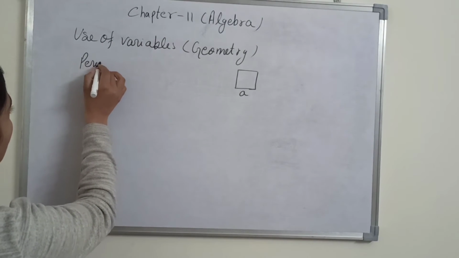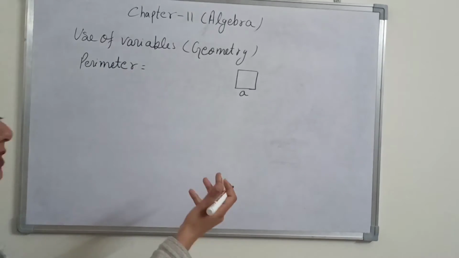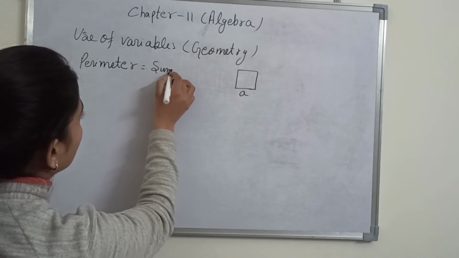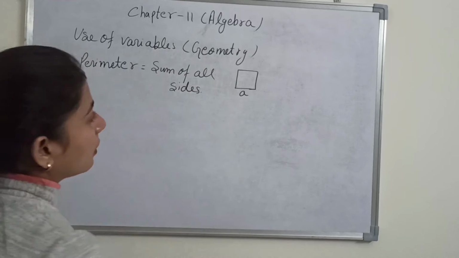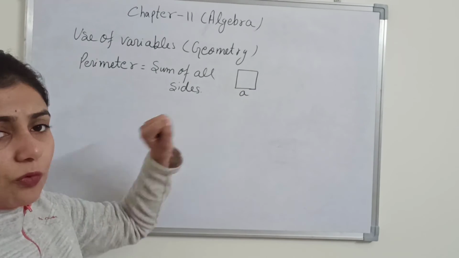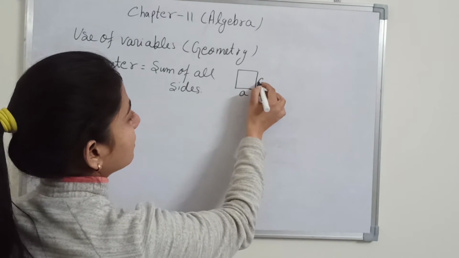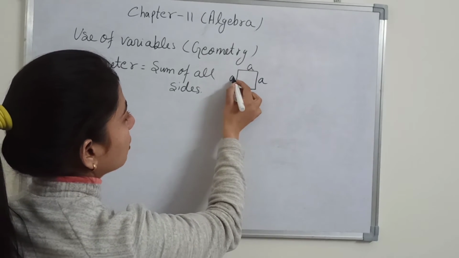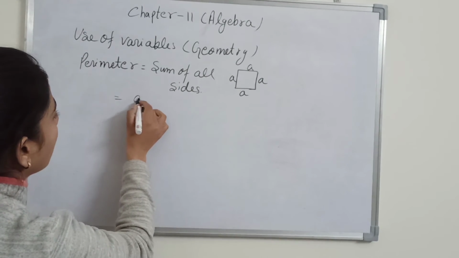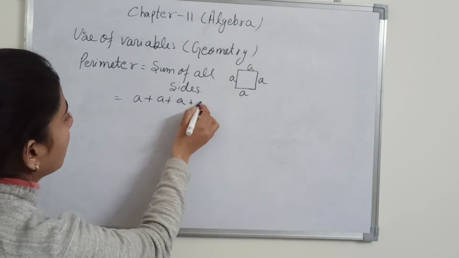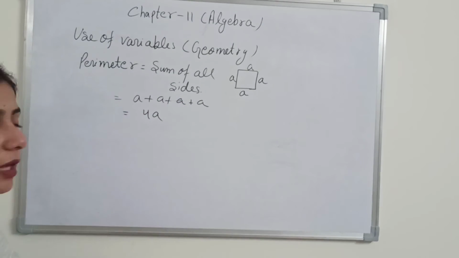The perimeter formula is the sum of all sides, and in a square all sides are equal. Its one side is A, this side is A, and this one is also A. Sum of all sides means we add A plus A plus A plus A. Now what will we get? 4A.